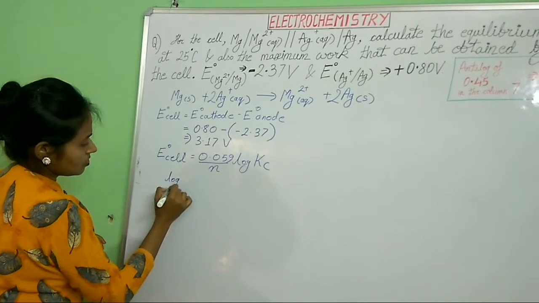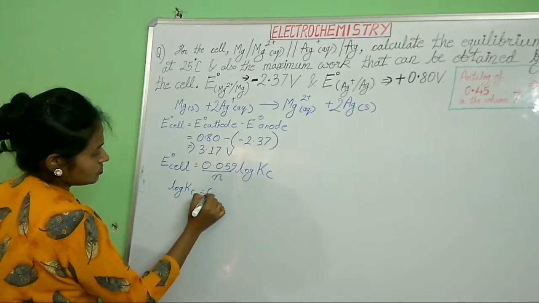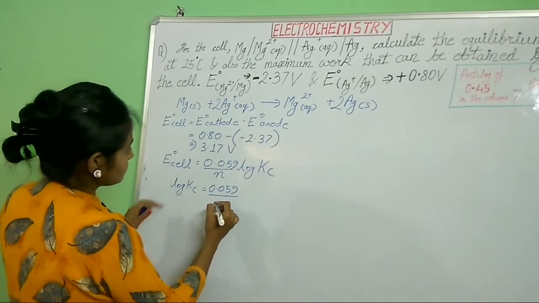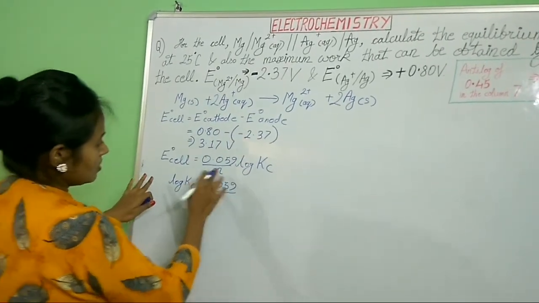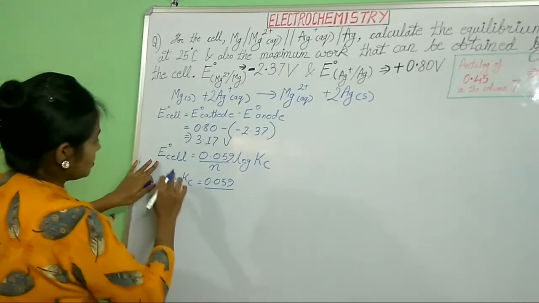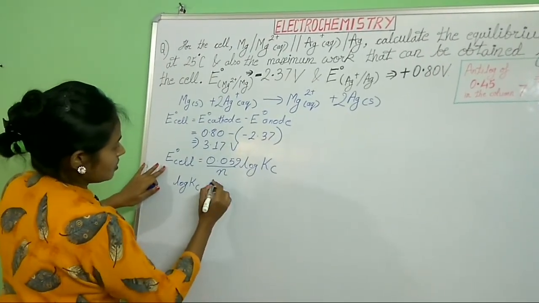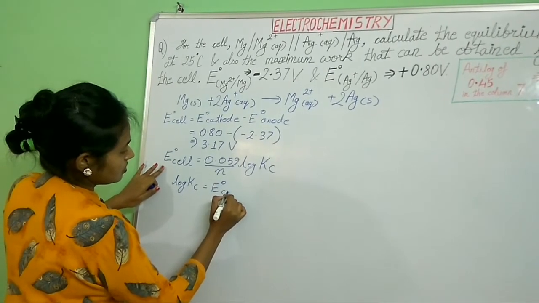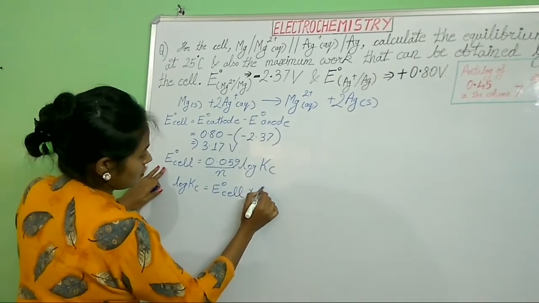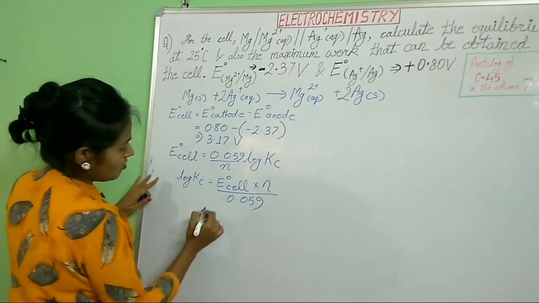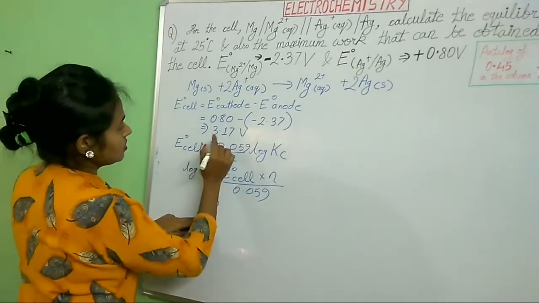So log Kc will be E0 cell into n divided by 0.059.